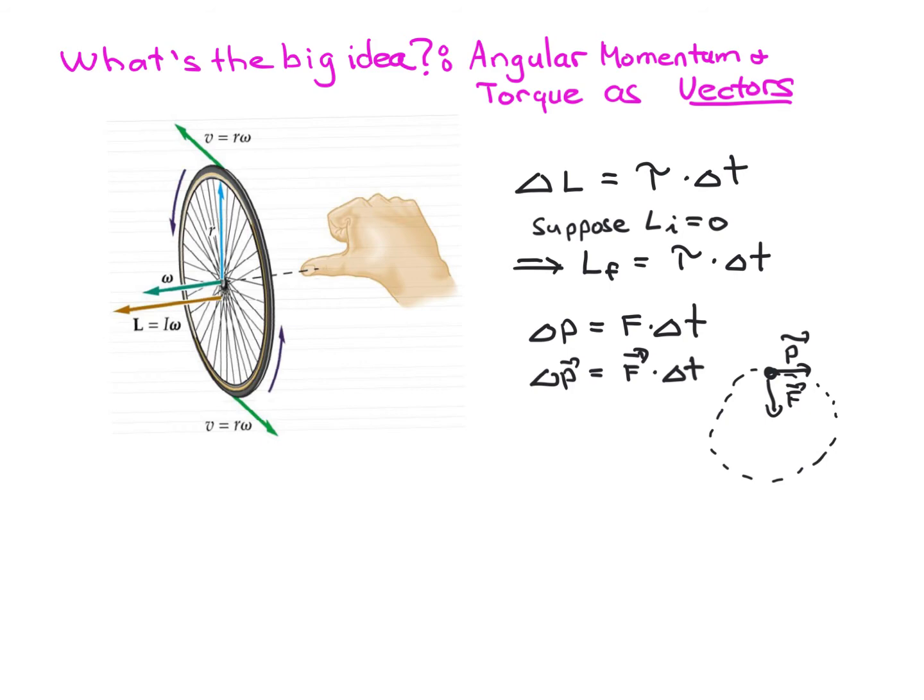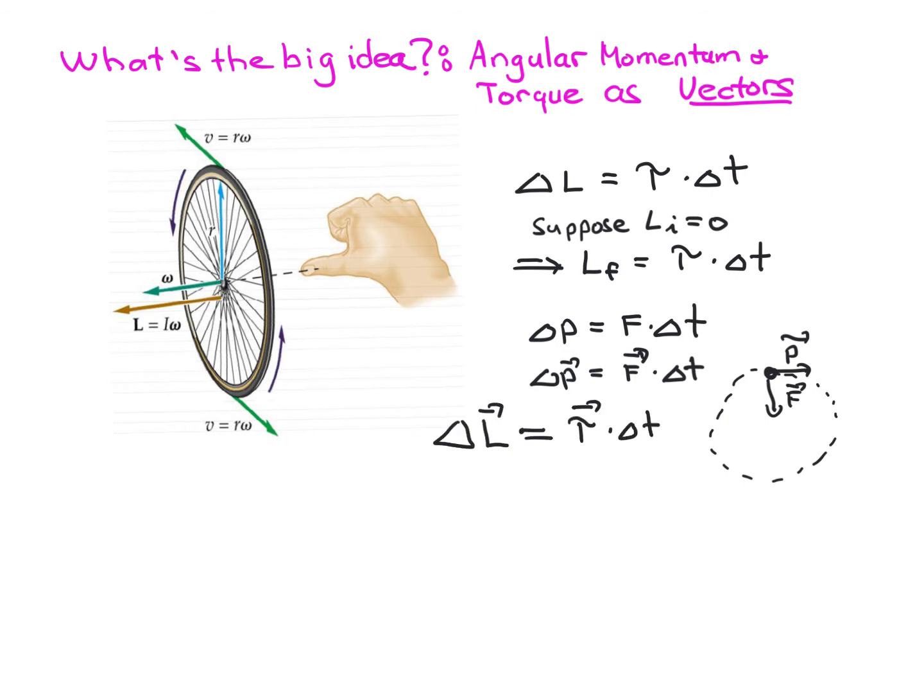So if we're going to modify our version of Newton's second law for rotating objects to allow for things to happen in a three-dimensional world, both the angular momentum and the torque are going to have to be considered to be vector quantities. So we're going to write the second law by putting arrows over both the angular momentum and the torque.